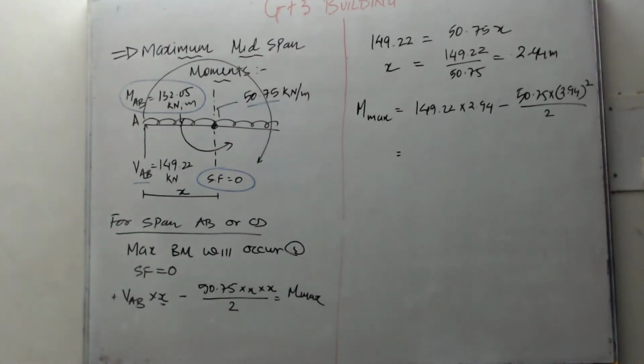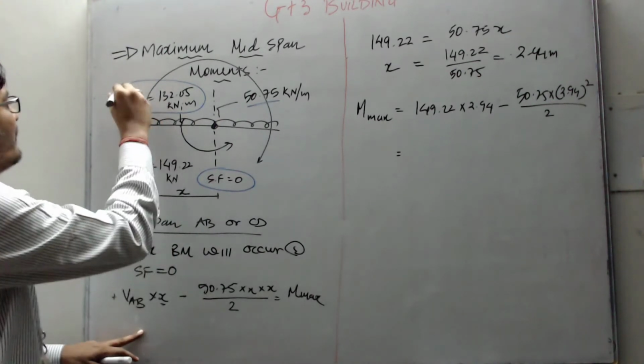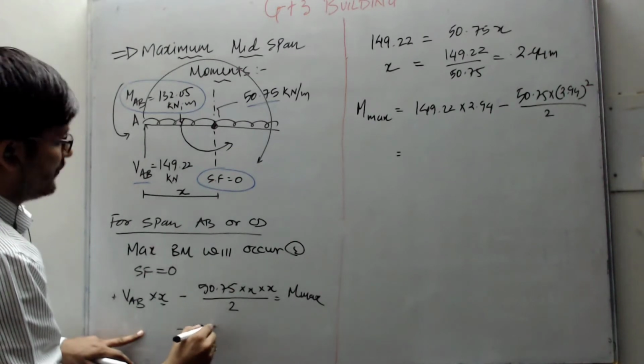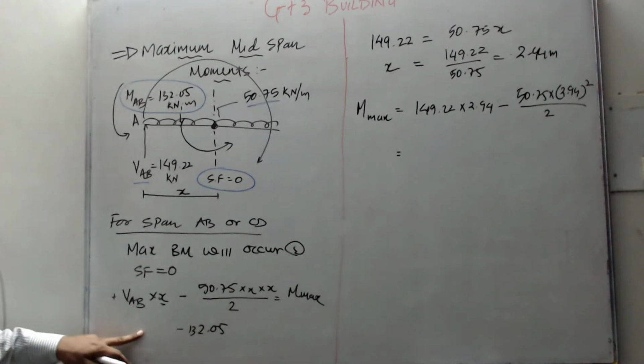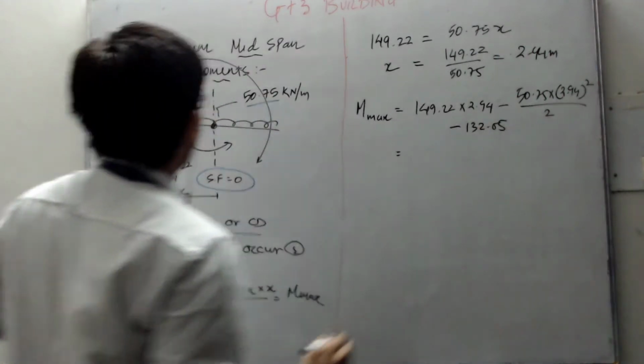And here we forgot this moment, which is an anti-clockwise moment. So we need to deduct this 132.05 from this Mmax moment also. So minus 132.05, which is the moment that is acting at point A anti-clockwise, that is why it is negative.